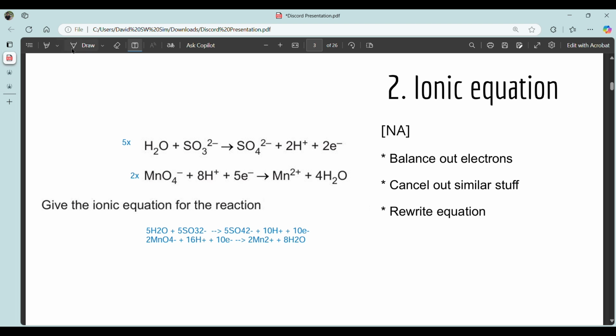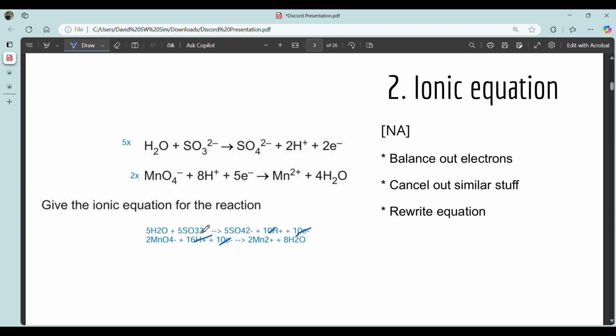Now we've balanced out the electrons. We have 10 electrons on the right hand side, 10 on the left hand side. What we need to do now is cancel out the similar stuff. Of course, we can cancel 10 electrons. Now H+, we cannot cancel out entirely because we have more H+ on the left hand side than the right hand side, but we can deduct 10 from 16H+ and get 6H+.